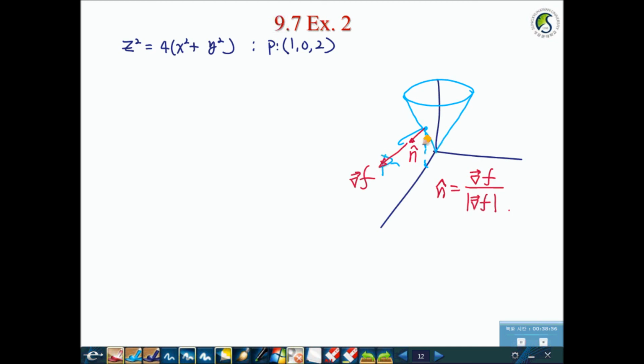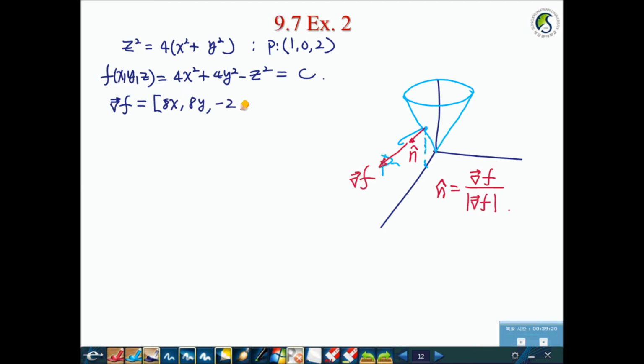Calculation is easy again. f of x, y, z is 4x squared plus 4y squared minus z squared equals c. The gradient of f is 8x, 8y, minus 2z, the partial differentiation on each coordinate. Plugging in P, it's 8, 0, minus 4.